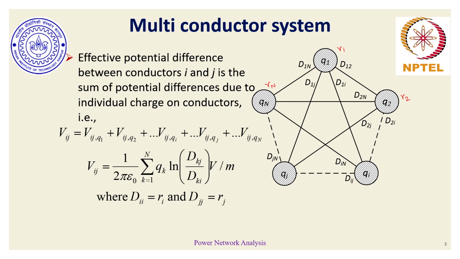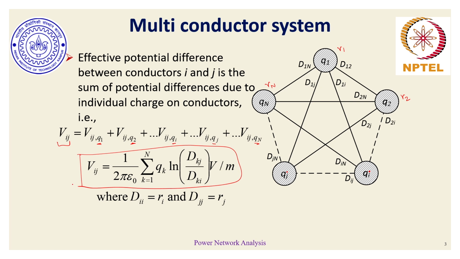Then if I take any 2 points, coinciding with the centers of conductor I and conductor J, the potential difference between these 2 points, Vij, would be the superimposed effect, or addition, of potentials because of individual charges Q1, Q2, Qi, Qj till Qn, which results in this particular summation term.